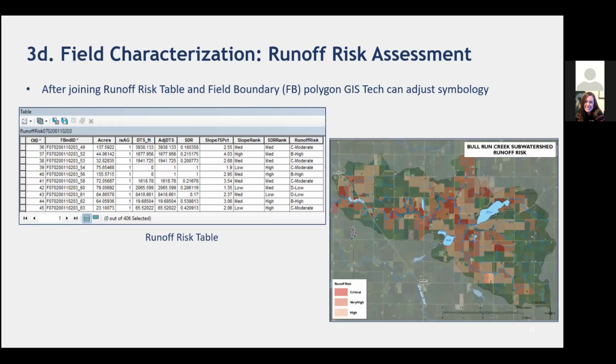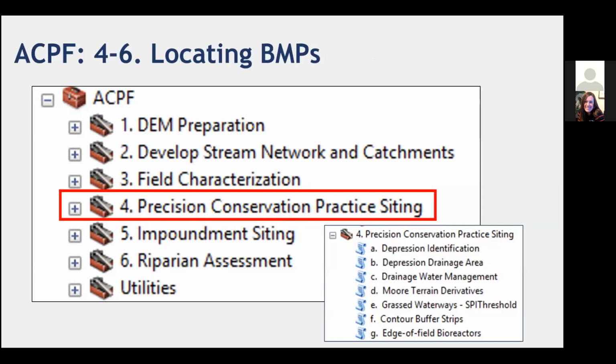As you can see in the image there on the right, you can show which fields are critical for runoff risk and which ones are very high, so that you can focus your efforts towards those fields to try to reduce runoff. And with that, we're at steps 4 through 6, which is where Emily is going to take over.